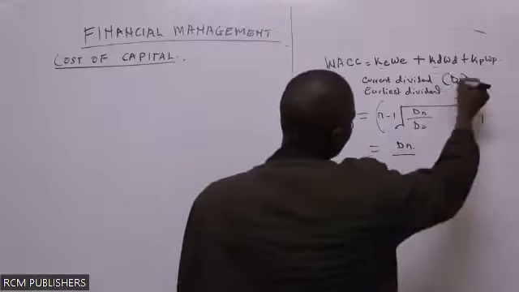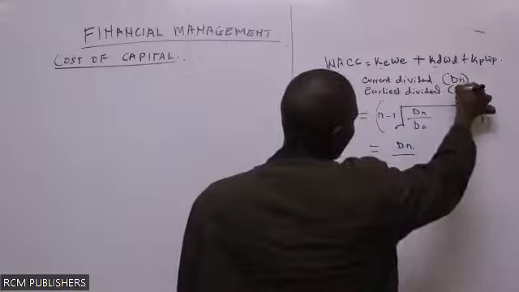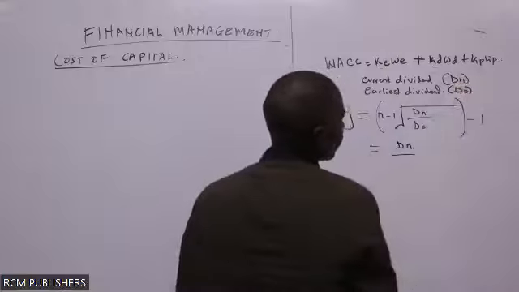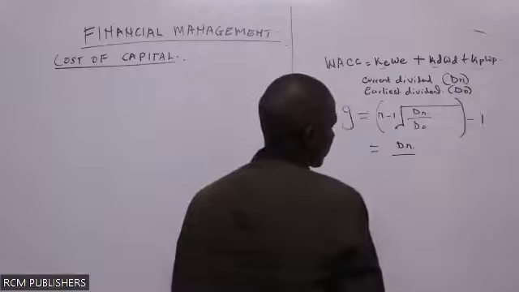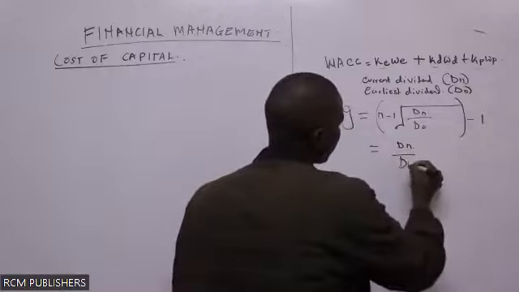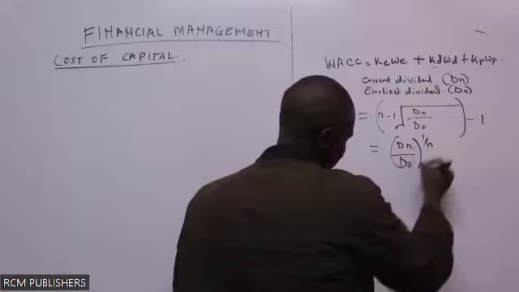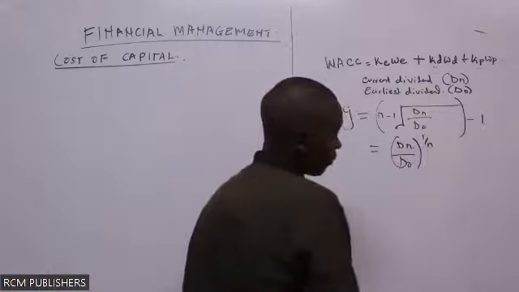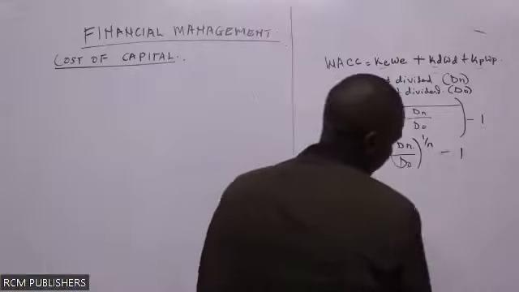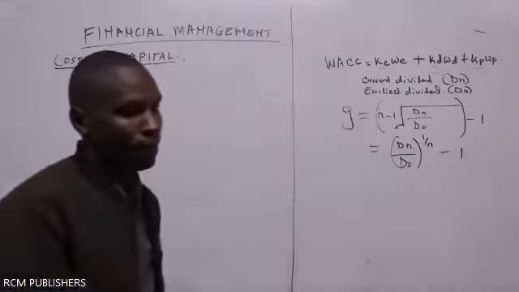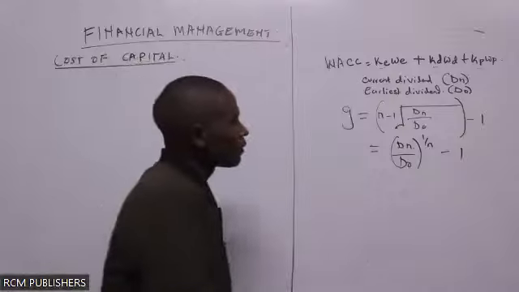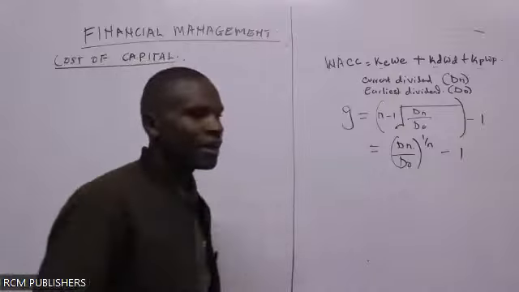Because we are doing division, let me write everything so that you are able to understand. Dn over D0, and then you raise this to 1 over n, then minus 1.